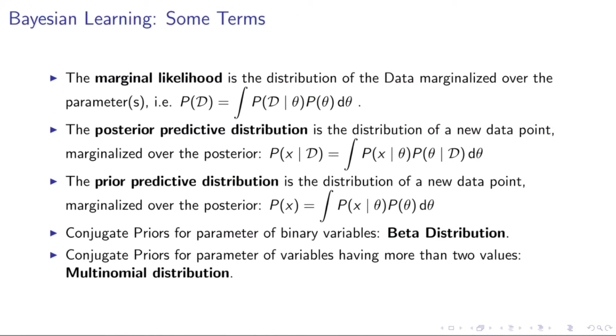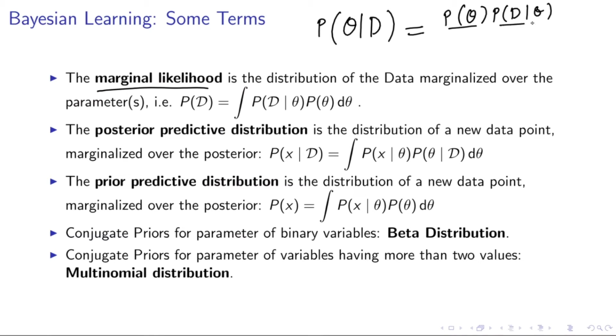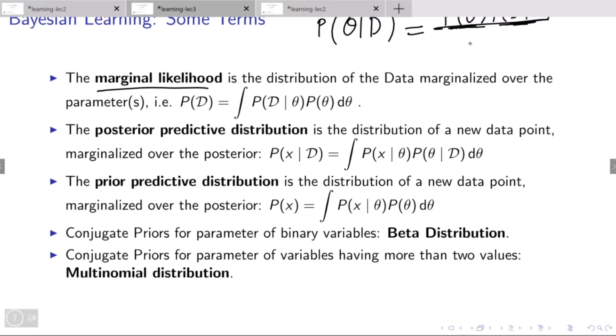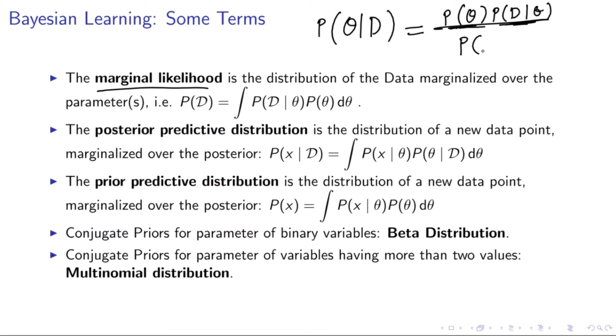So here are some of the terms in Bayesian learning that you should be aware of. The first term is marginal likelihood, which is the normalization constant in the posterior. If you remember, we were trying to compute theta given d. This is the posterior, which is equal to p of theta times p of d given theta, divided by p of d.